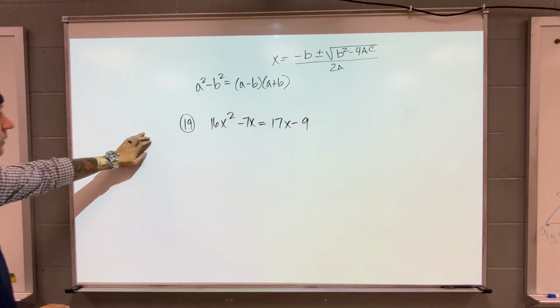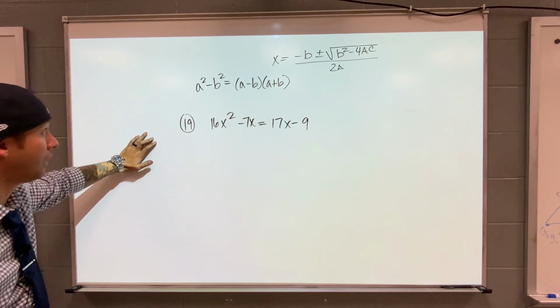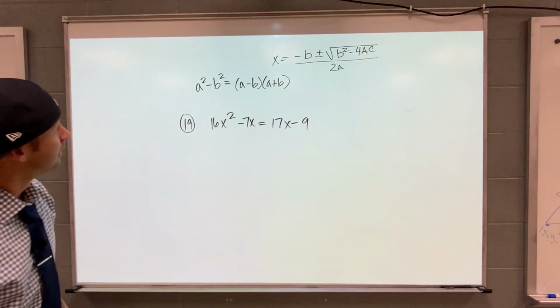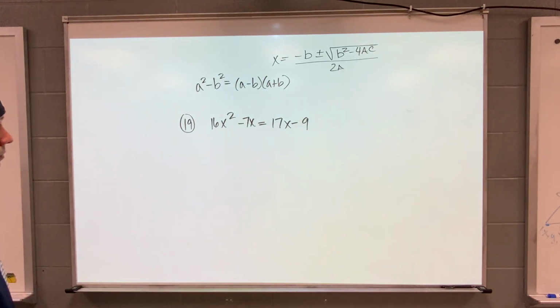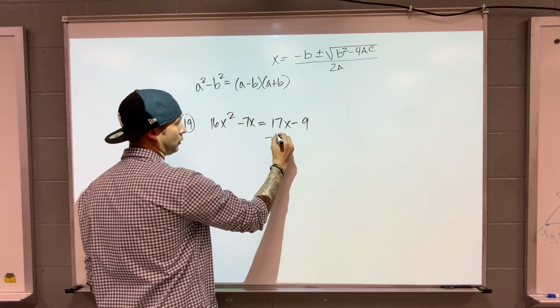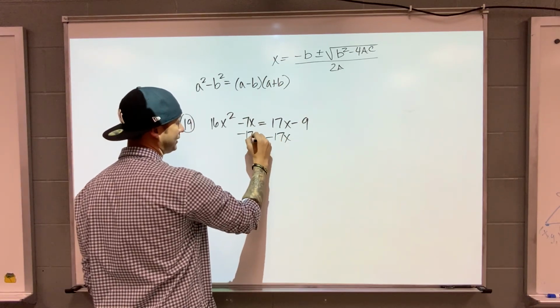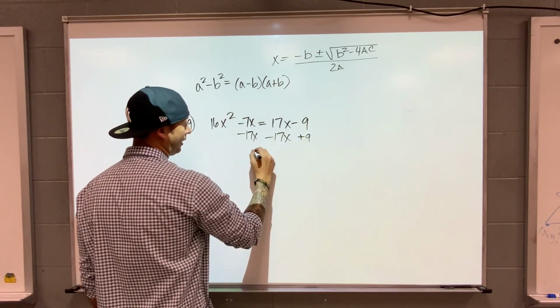Okay, number 19. 16x squared minus 7x equals 17x minus 9. First thing I'm thinking is I want to move everything to one side. Let's move everything to the left. So minus 17x, and then add 9.